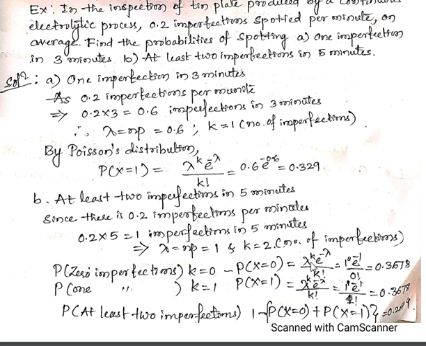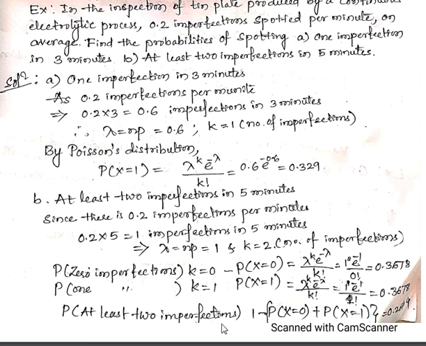When k is equal to 0, n into p would be 1 and we get 0.3678. And when one imperfection is there, lambda is 1, so 1 raised to 1 and e raised to minus 1 divided by k factorial. After solving this, again we get 0.3678.